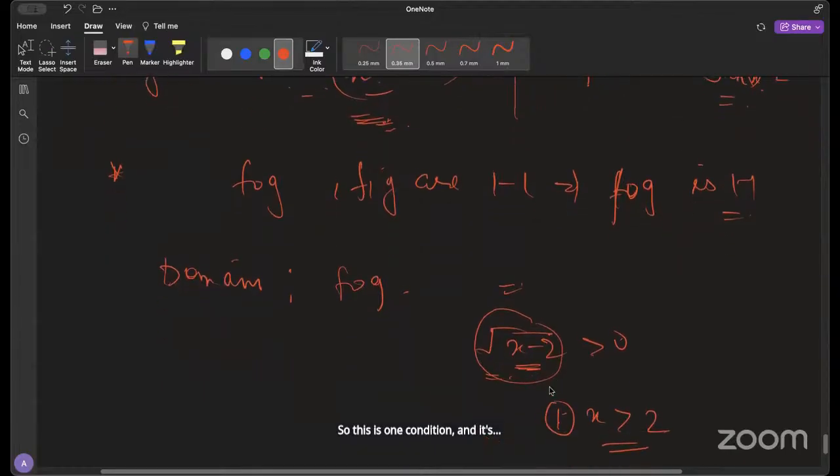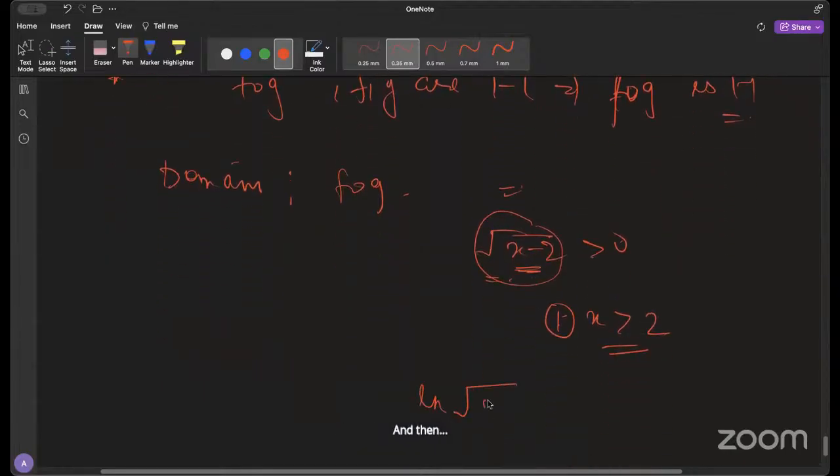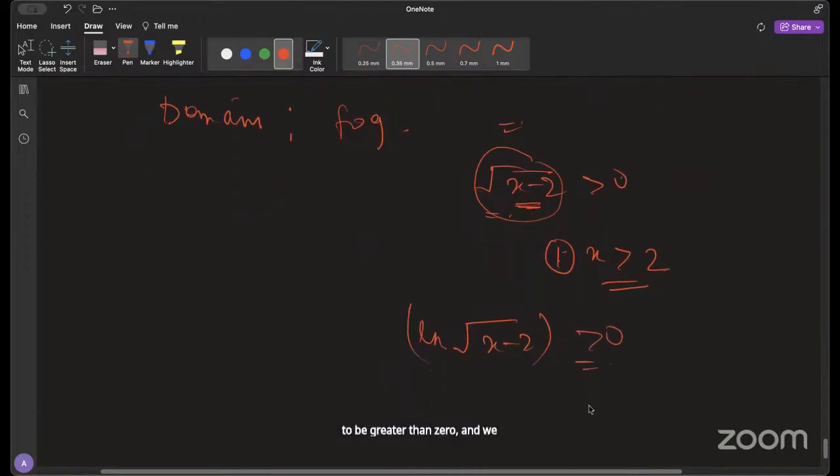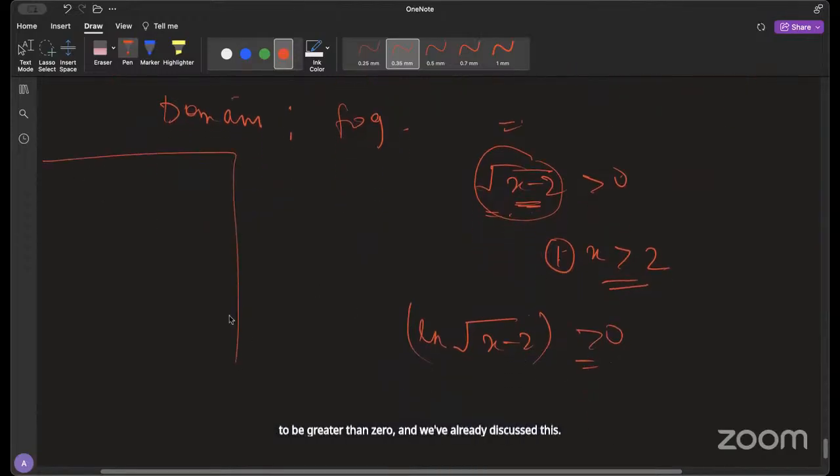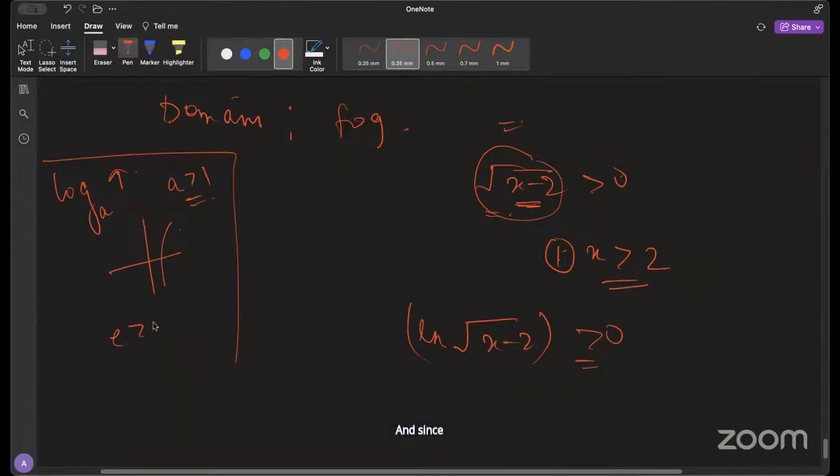And then you want natural log of square root of x minus 2 to be greater than 0. Log is also an increasing function when your base is greater than 1, and since your base is e here, e is greater than 1. So it's an increasing function.